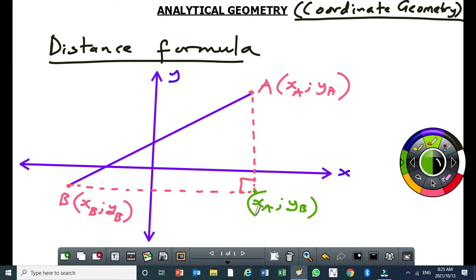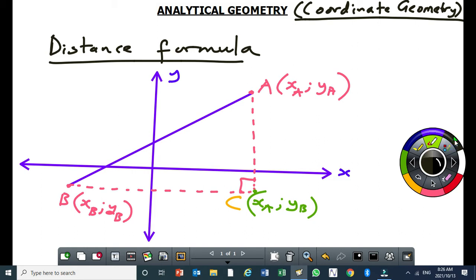Okay, maybe we can call this point, let's call it point C. So at C, the value of x will be XA. The value of y, it will be YB. Is that clear there? Right. Then, since we now have a right angle triangle, we can use the theorem of Pythagoras.